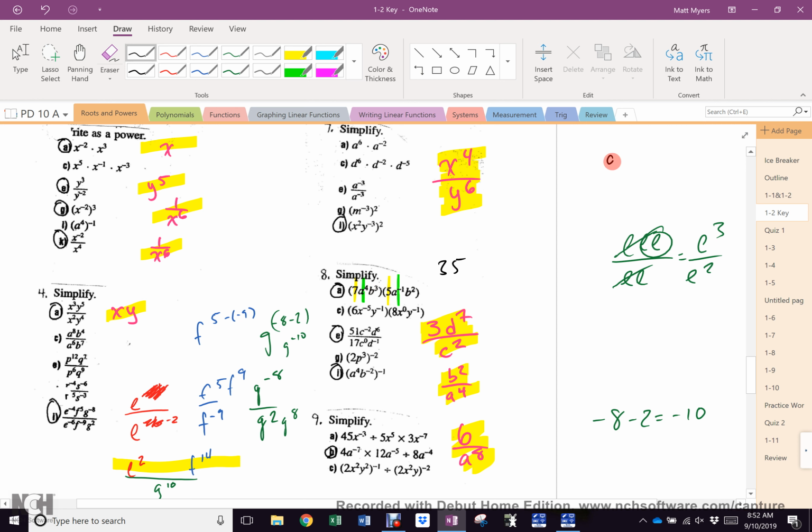Really, that is a to the 4th over a to the 1. Because that negative would move it to the denominator, yes? Or I can remember it's 4 plus negative 1 because I'm multiplying here. What is 4 plus negative 1? 3. And then B, 3 and 2, B, 5.